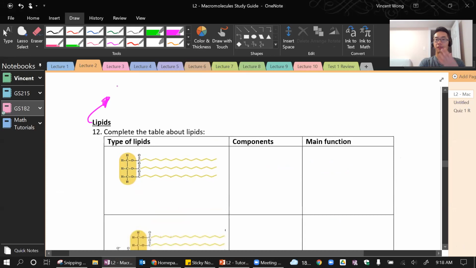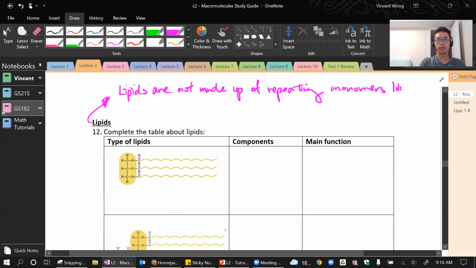Lipids is a little bit different from the other three types of macromolecules because lipids are not made up of repeating monomers like the other three types of macromolecules.